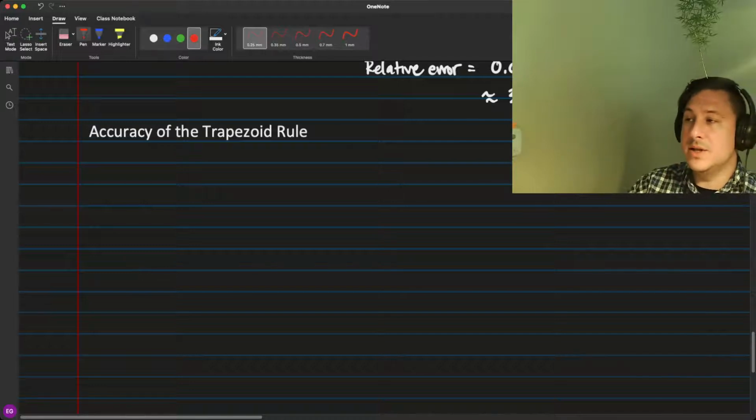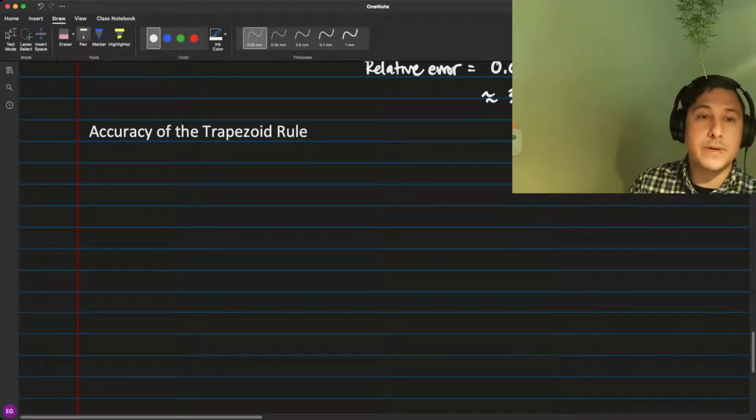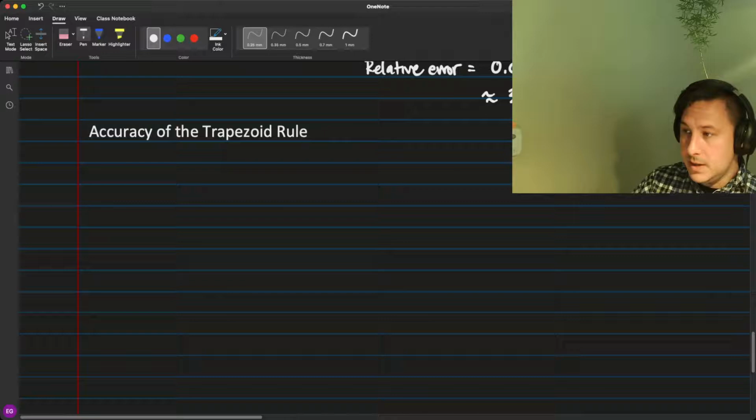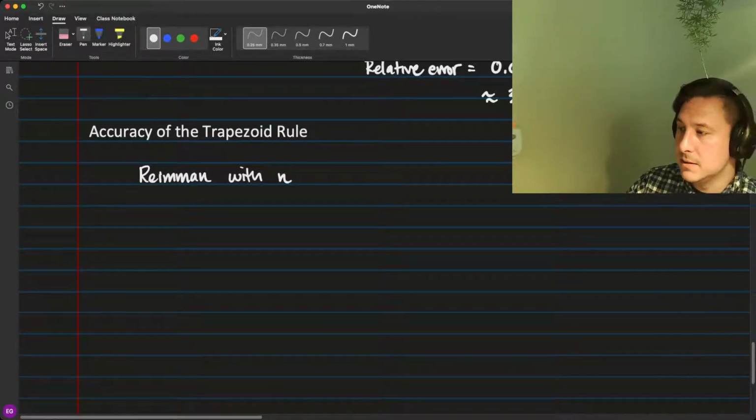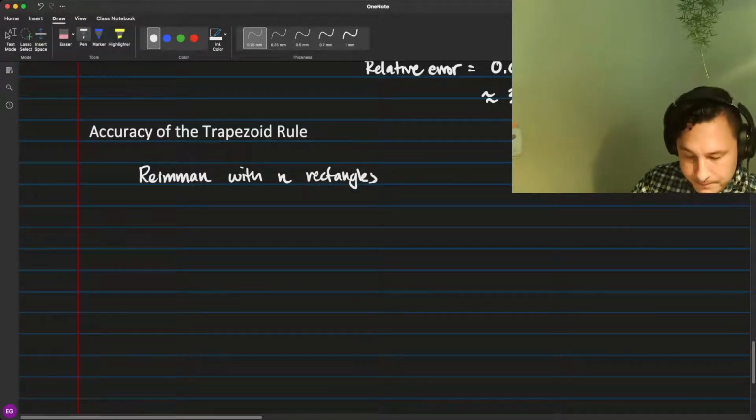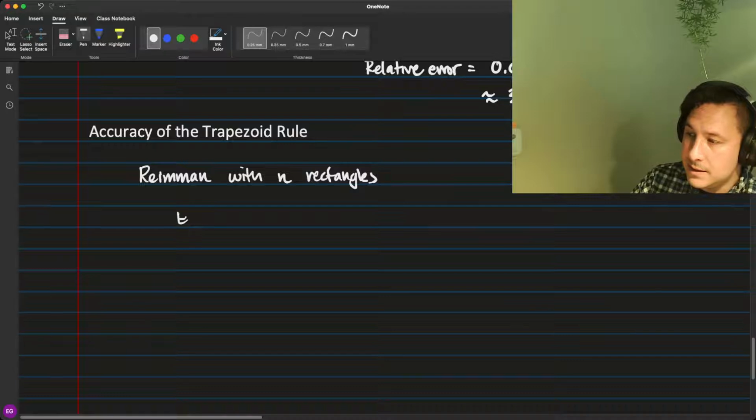And there's also a rule that says how accurate your Riemann sum will be. So let's say that you're calculating a Riemann sum with n rectangles.